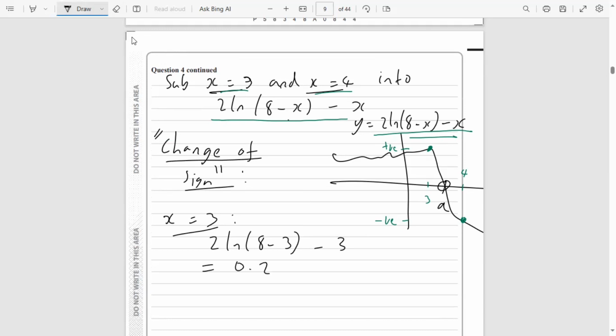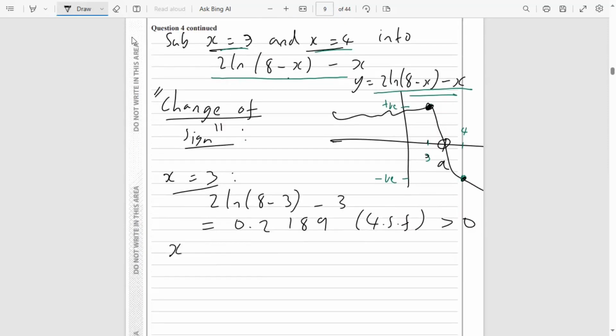We get 0.2189, rounded to 4 significant figures. So this is a positive number. Even though the graph I sketched is obviously not accurate, it kind of illustrates what's going on. When we plug in the number 3, we get this positive number, which in this case is 0.2189.